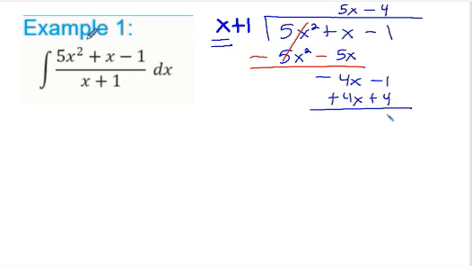And I have a remainder of 3. So what do we do with the remainder? We put it over what we divided by. So now my integral is the integral of 5x minus 4 plus 3 over x plus 1 dx.